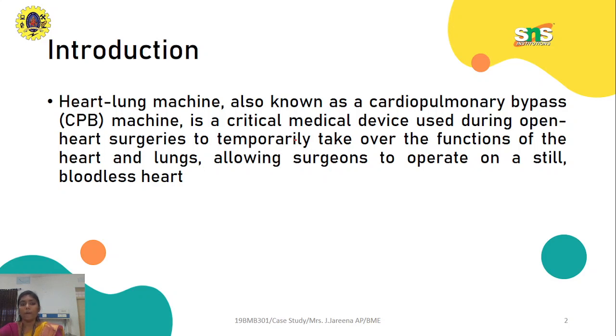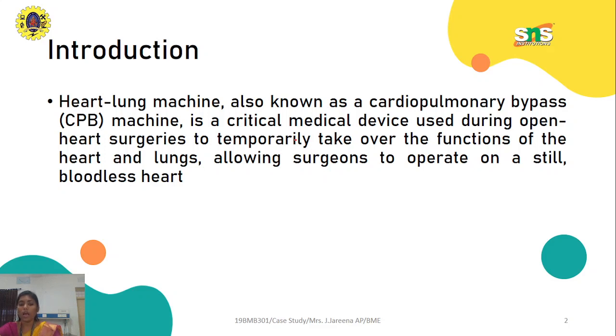In open heart surgeries, the doctors need to operate on the heart, and it would be very tedious and complicated for them to do surgery while the heart is pumping or filled with blood. Because the heart lung machine takes over the functions of the heart and the lungs, the patient's heart will be bloodless.